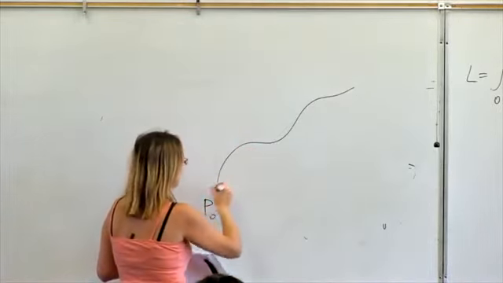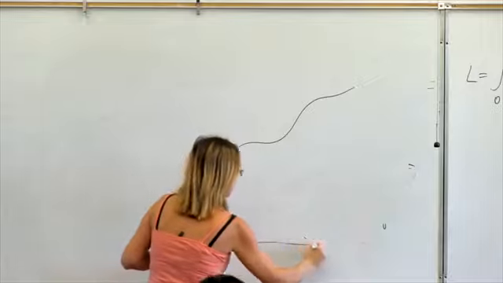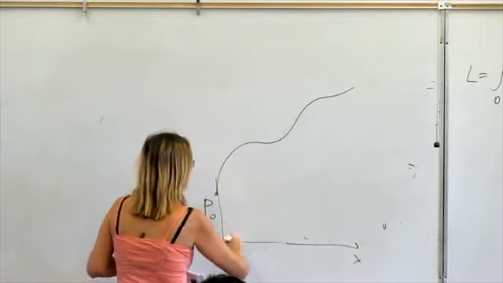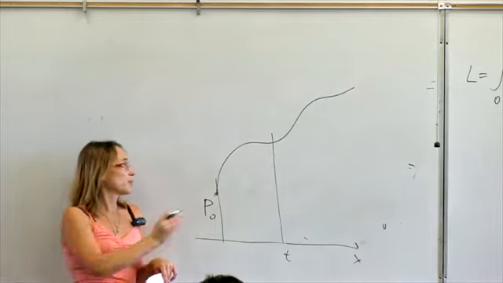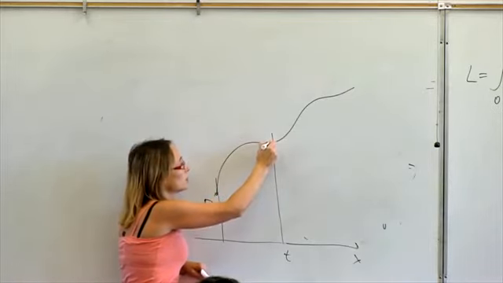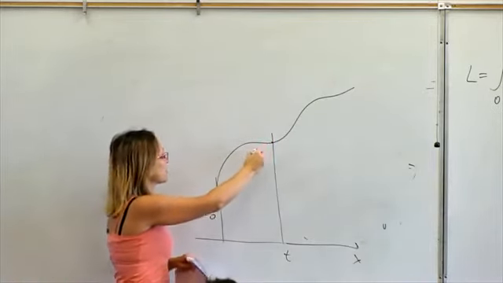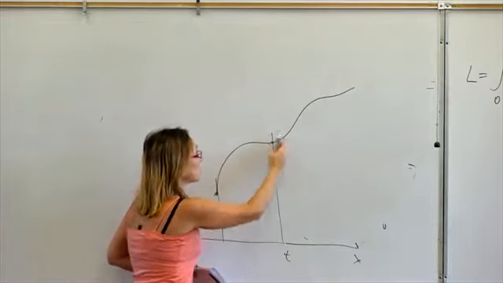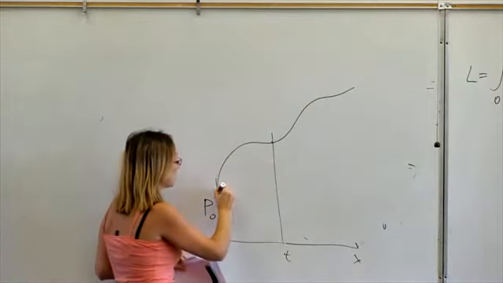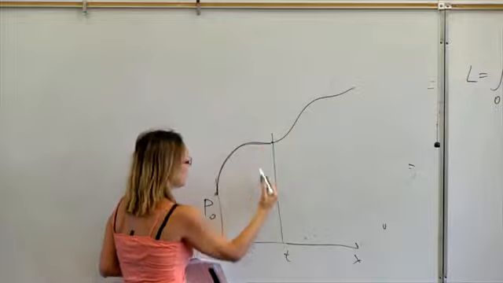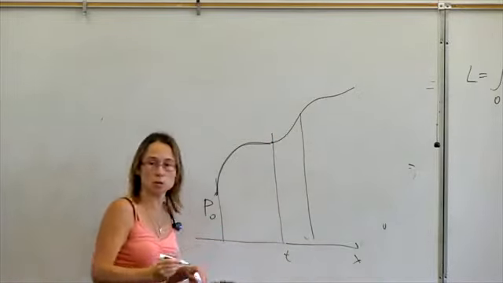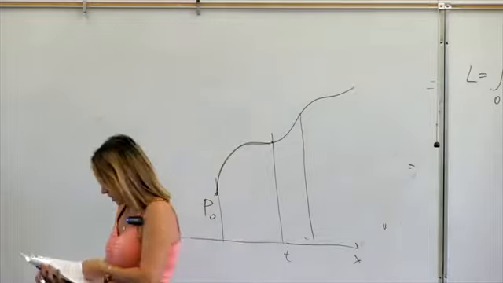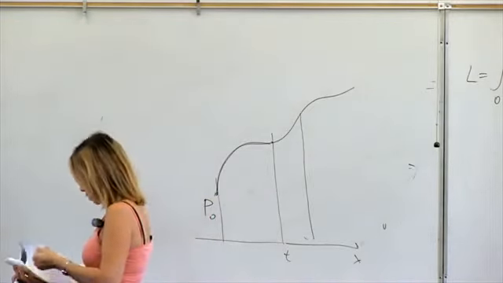So if this is our x-coordinate, we're going to make a variable that slides along the curve. And we want to see what's the length of the curve from here to here. Then I move it. What's the length of the curve from the beginning up to here, and so on. So that defines the arc length function.